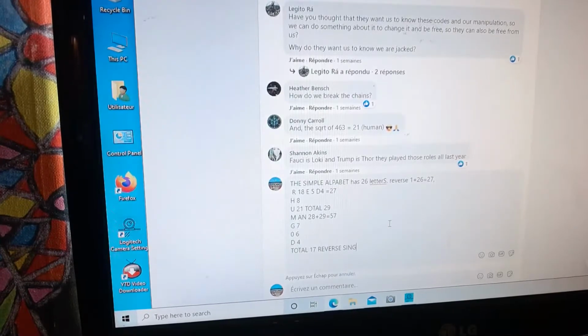Reverse single digit Pyth. 2 snakes and 1 snake. The total would be 8. Okay, it's 9.